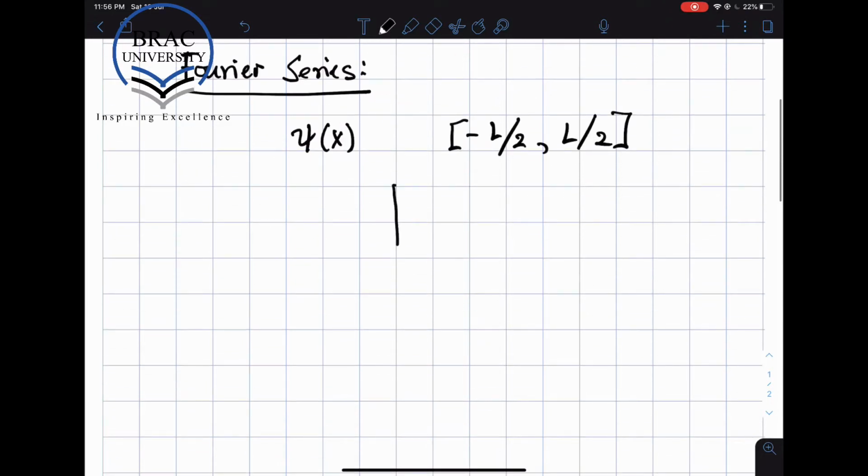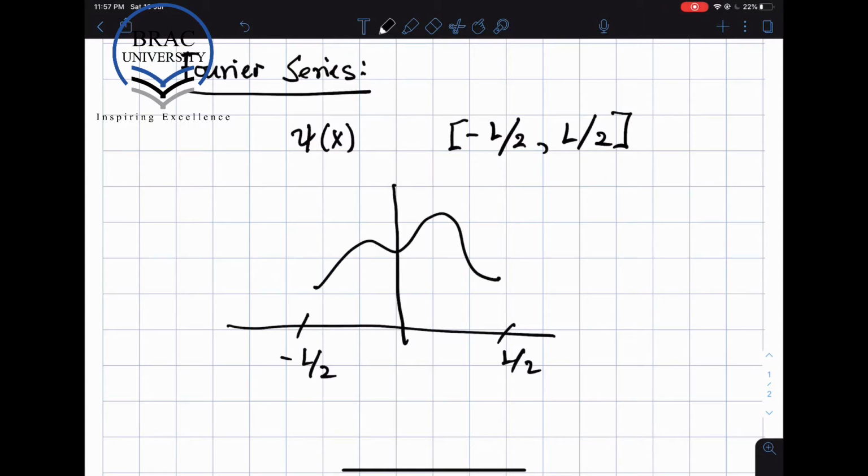So here we have a segment of the real line from minus L by 2 to plus L by 2, and our function looks something like this.